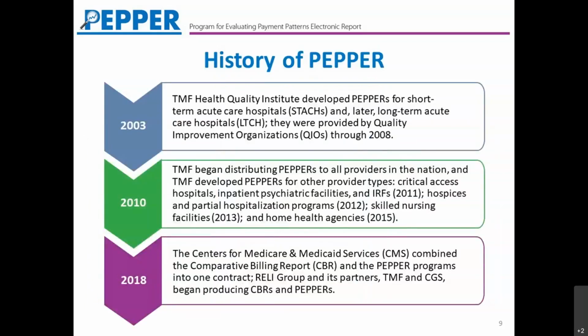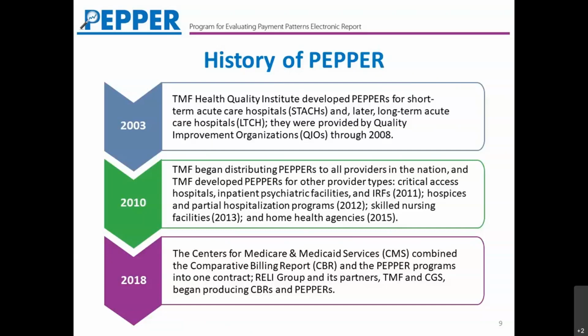Taking a look at the history of the PEPR, we can see that the PEPR began back in 2003. TMF Health Quality Institute developed the program originally for short-term acute care hospitals and later for long-term acute care hospitals. In 2010, TMF began distributing PEPRs to all providers in the nation, and along the way, they developed PEPRs for other provider types, which you can see on the slide here.